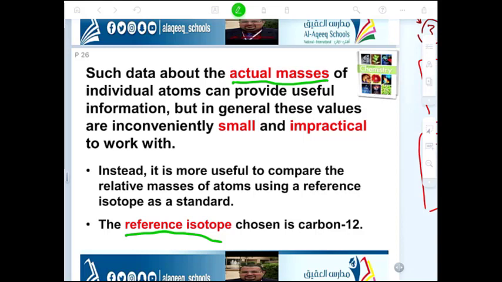They chose carbon-12, or we can say carbon 6,12. This element is the reference isotope used to measure other atoms. This carbon-12 is the reference isotope.